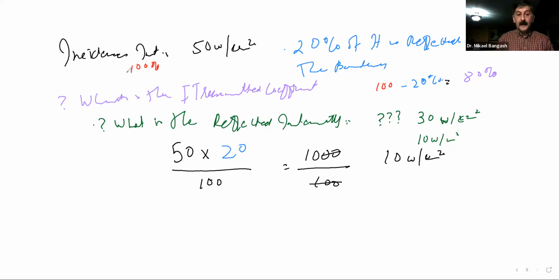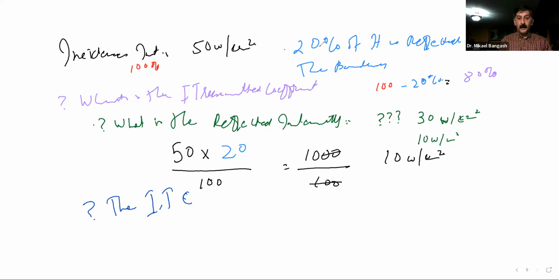Now, the same data: 50 watts per centimeter square was your incidence intensity. And it gave you the intensity reflection coefficient as 20%. But then it asked us what is the intensity of the transmission?